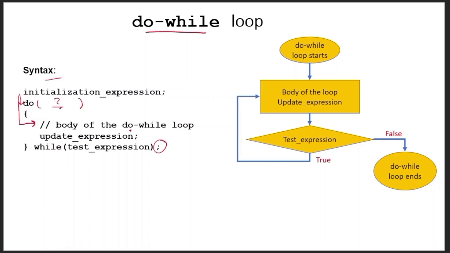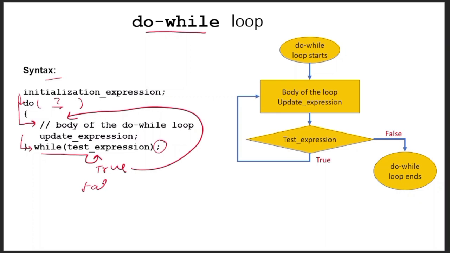So now it will execute all the statements in the body of the loop, and before exiting it is going to check here the condition, whether the condition is true or not. If the condition is true, then again it will execute the body of the loop. If it is false, then it will come out of your do while loop.